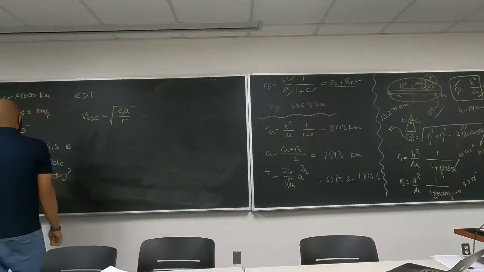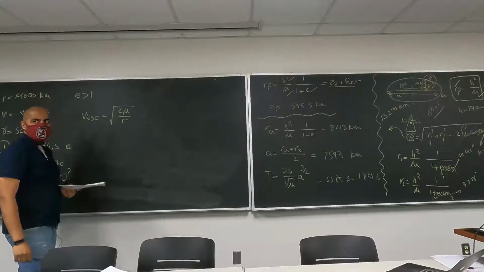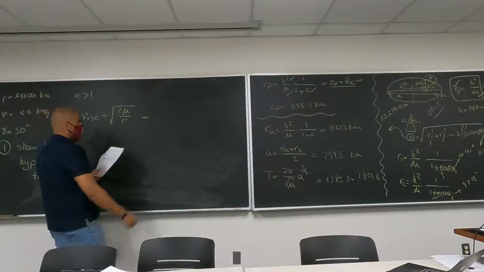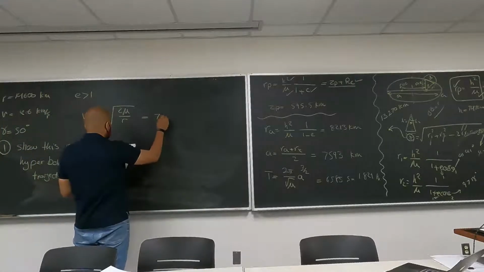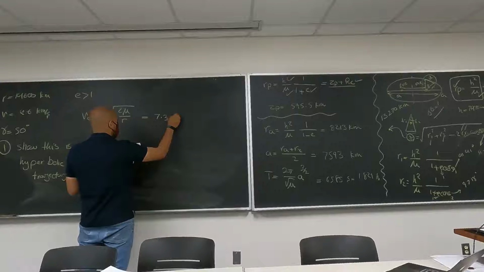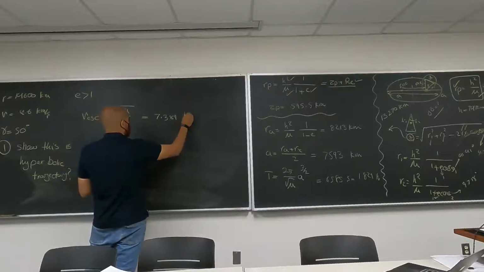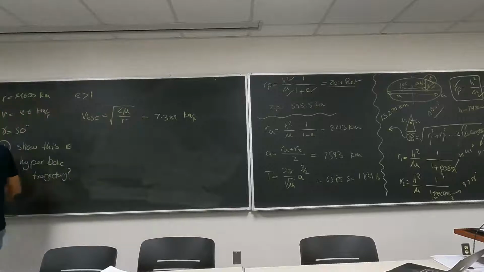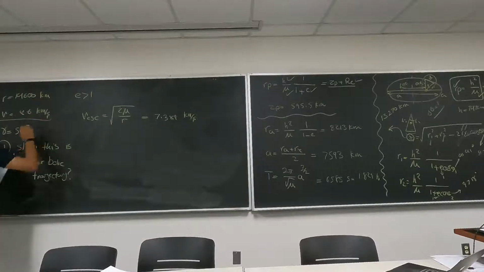What is mu here? 398,600, right? We are also given the r. Just plug in here. This is going to be 7.89 kilometers per second. What is the velocity? 8.6.